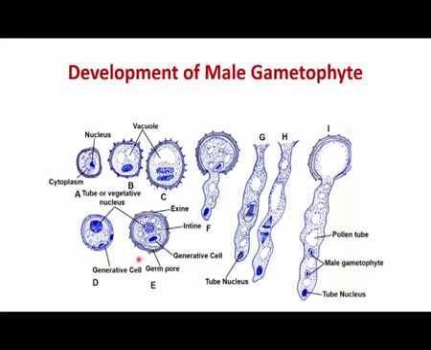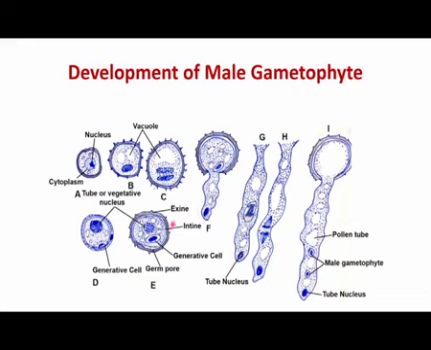If you remember, in the past we were discussing the recognition system, and how there is self-incompatibility to avoid self-pollination. The factors released from the pollen grains determine whether the pollen grain germinates on the stigma or not, depending on the recognition system working between the pollen grain and the stigma.